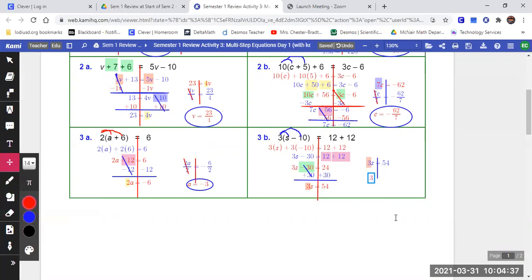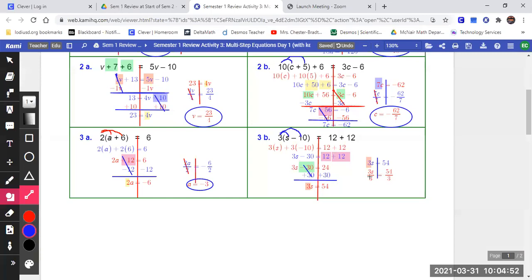So my 3S is going to divide by the 3. The number that's with the letter is always what we're dividing by. And that has to equal my 54 divided by my 3. Okay? That big one's out.